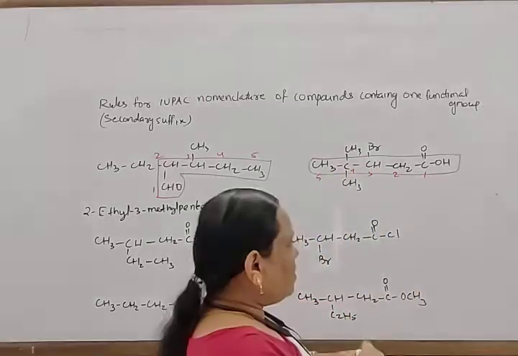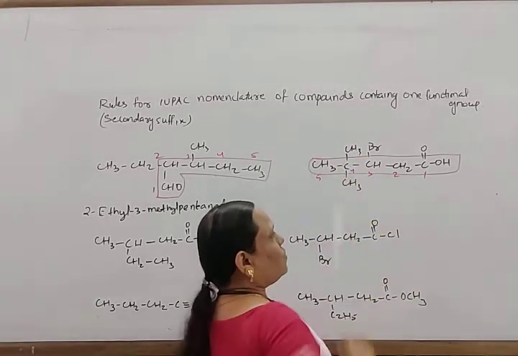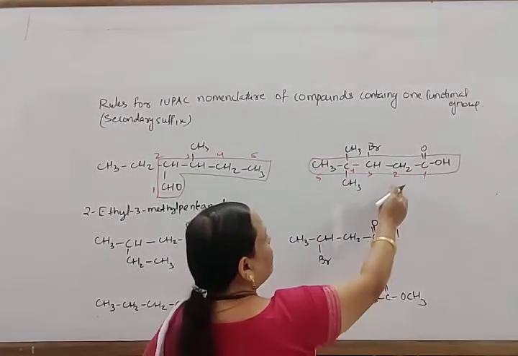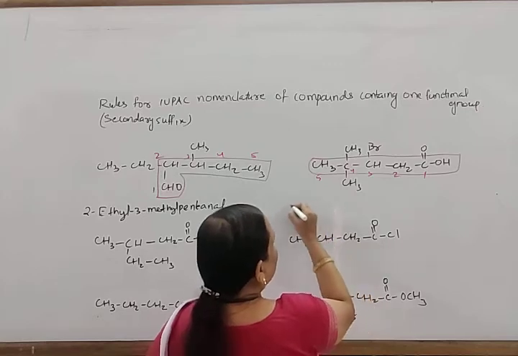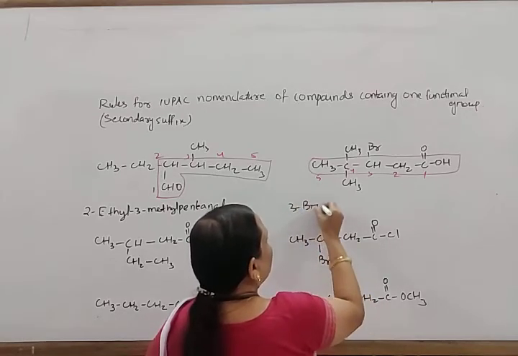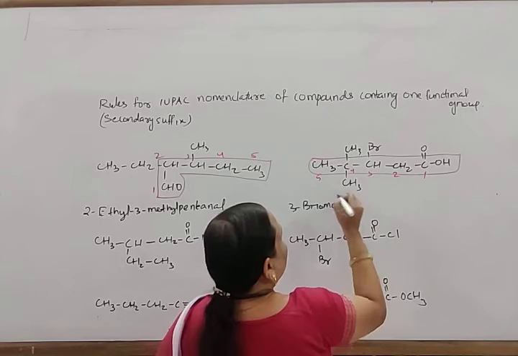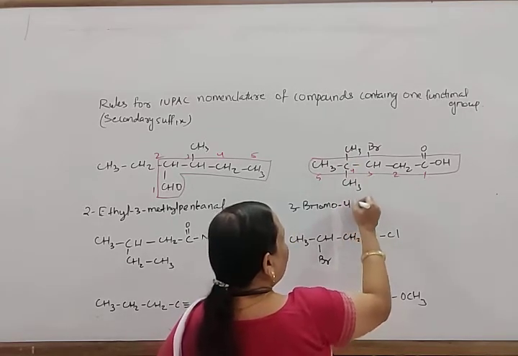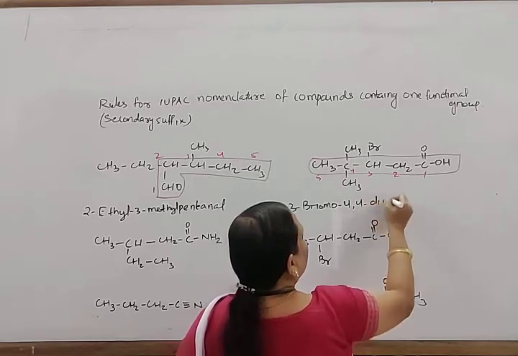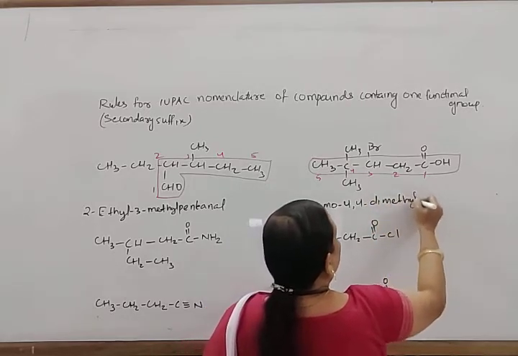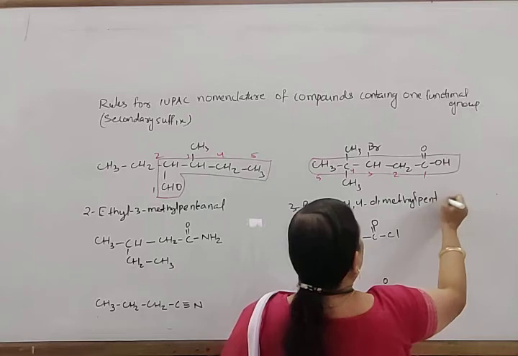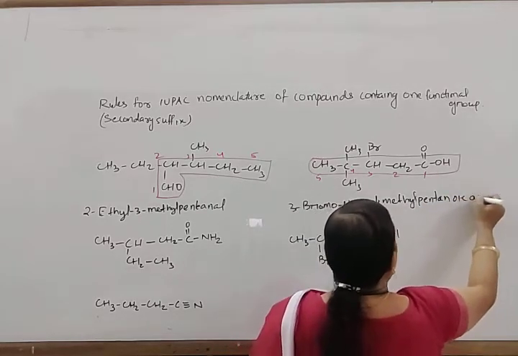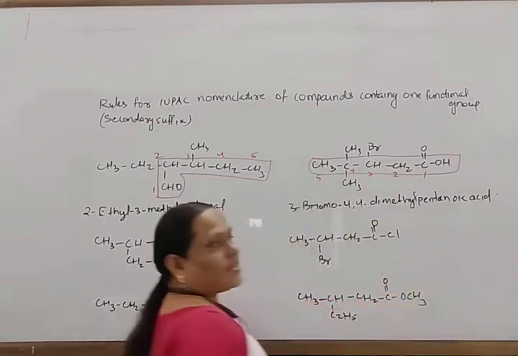At 3 position a bromine is there, at 4th position 2 methyl are there. All are used as your substituents. In this way you have to name this compound as 3-bromo, then hyphen, because we are starting with number, 4,4-dimethyl, pentan, then oic acid: pentanoic acid.